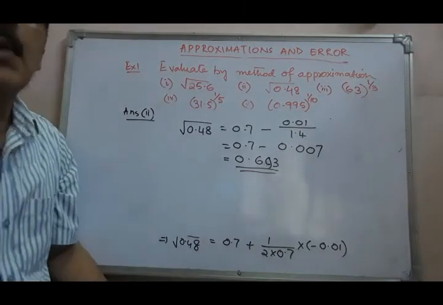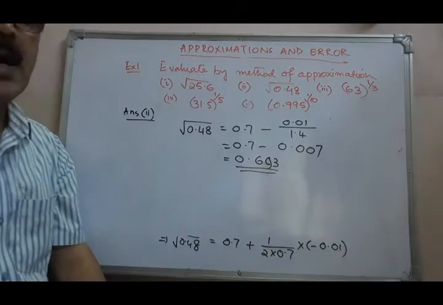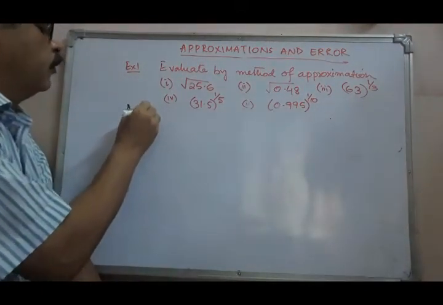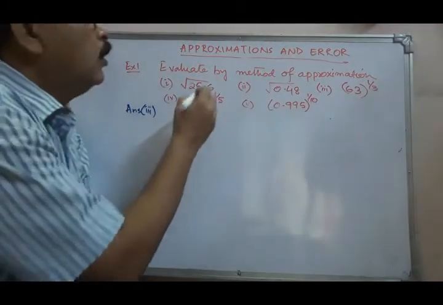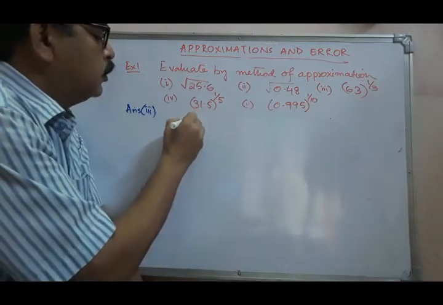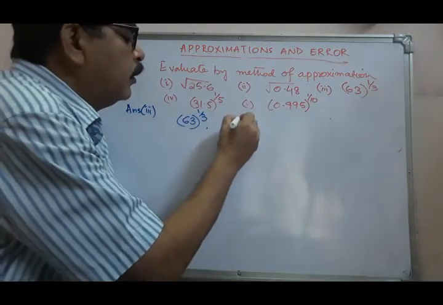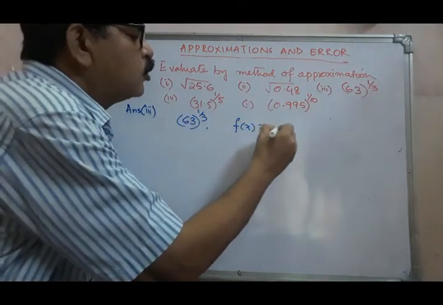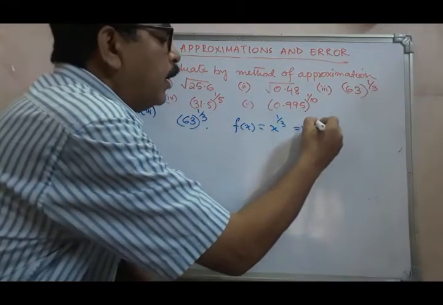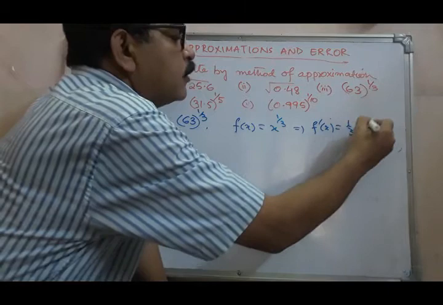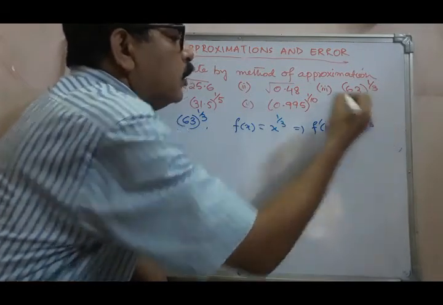Now we are going to the next part. Answer part 3. Here, 63 power 1 by 3. So let f(x) equal x to the power 1 by 3, then f dash x equal to 1/3 x to the power minus 2/3.